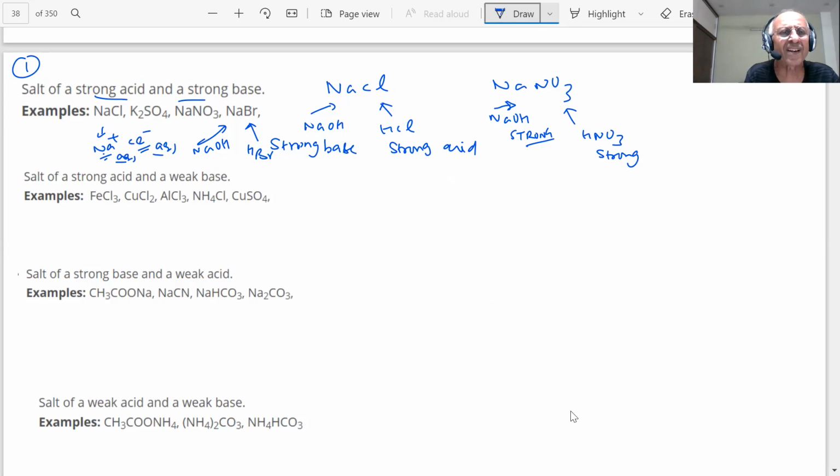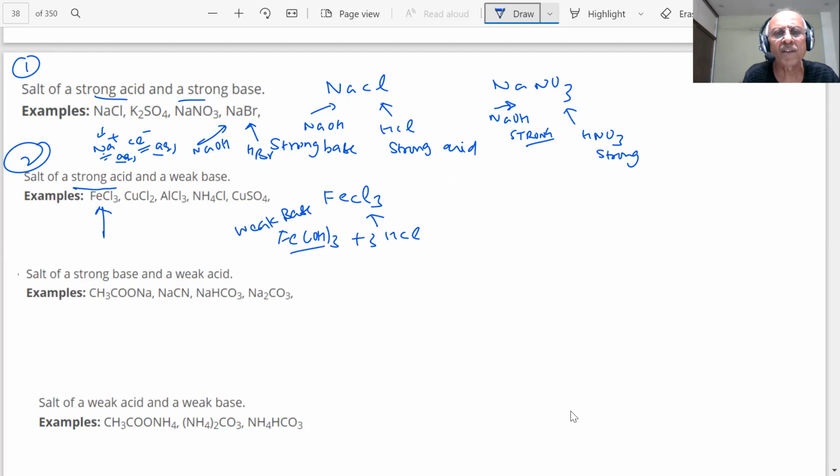Salt of a strong acid and a weak base. How will you produce FeCl3? It will come from HCl and Fe(OH)3. This is a weak base and this is a strong acid. If you're forming AlCl3, you have HCl and Al(OH)3.